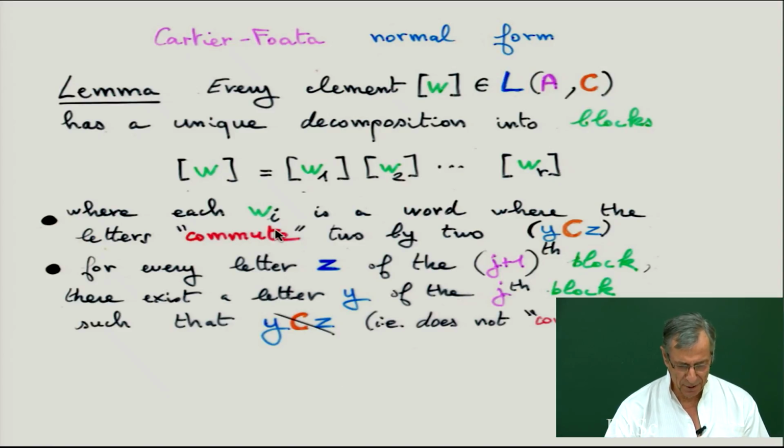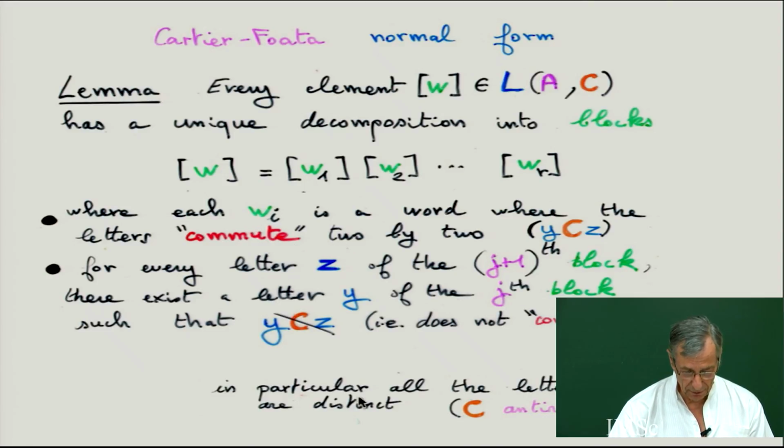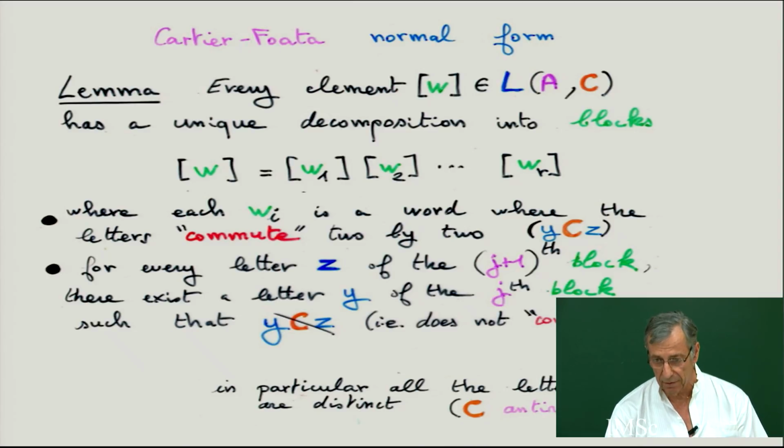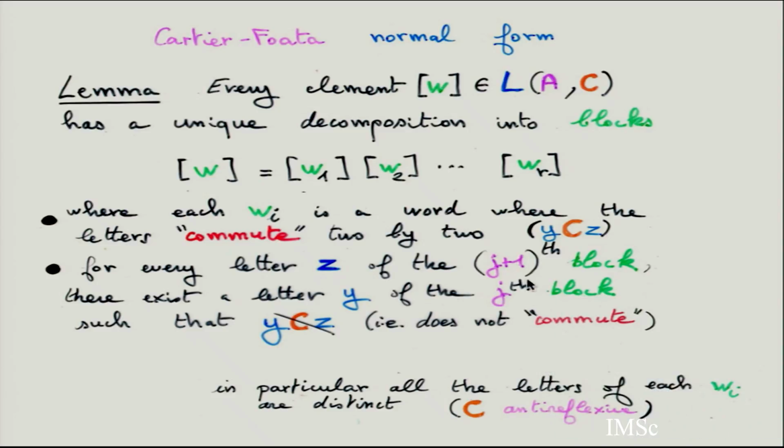Commute means for the commutation relation C. So if you take any letters Y and Z inside the word Wi, each pair of letters commute. And commute means that they are distinct, because a letter does not commute with itself. So in particular, all the letters in each Wi are distinct, because the relation C is anti-reflexive. So in each block, the letters commute two by two.